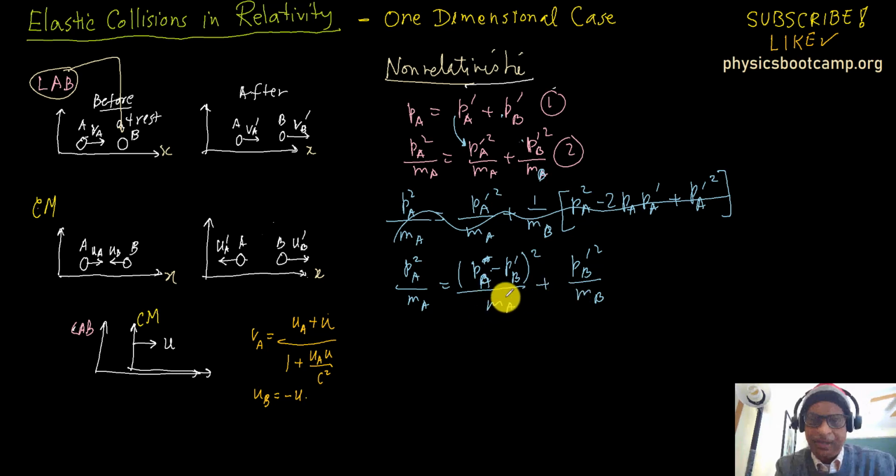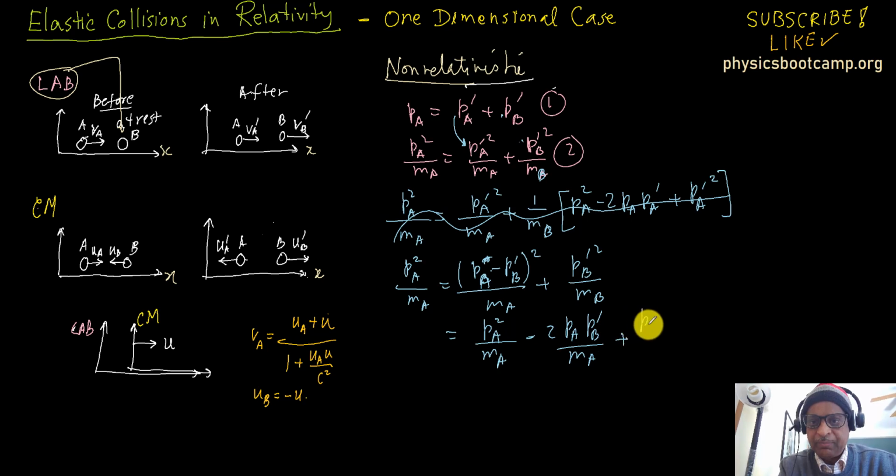Now I expand this, because I see that PA squared on both sides will cancel out nicely. It's going to be PA squared over MA, so this will cancel that one, minus 2 PA PB prime over MA plus PB prime squared over MA, plus PB prime squared over MB.